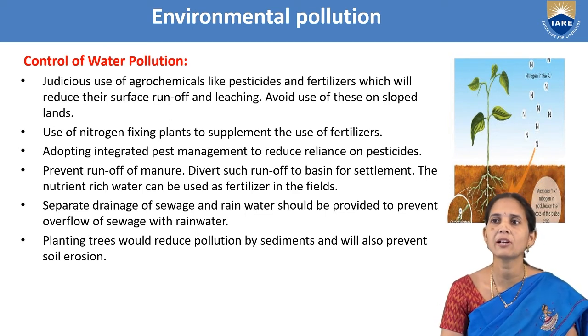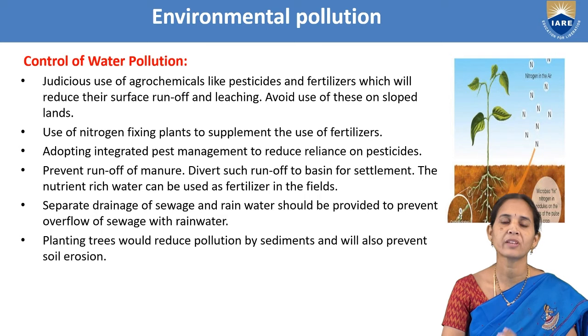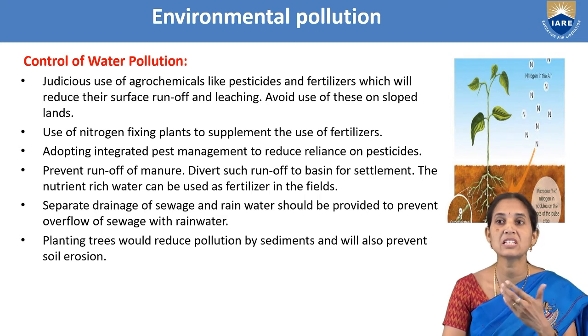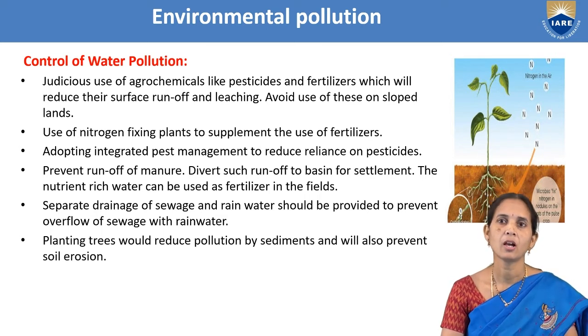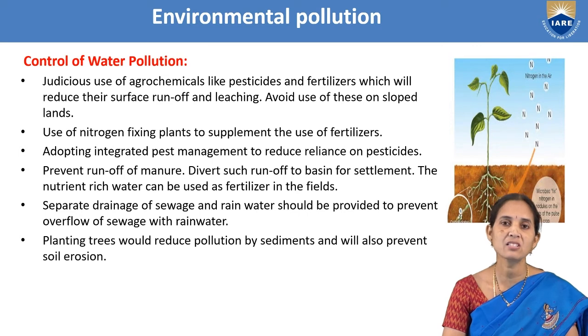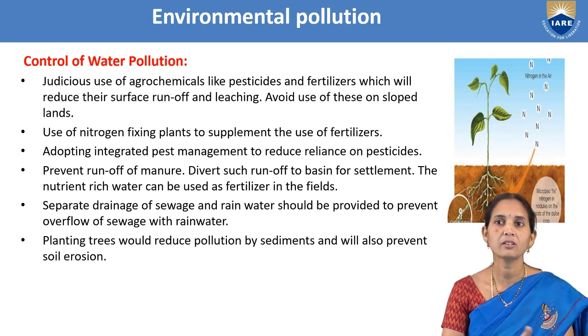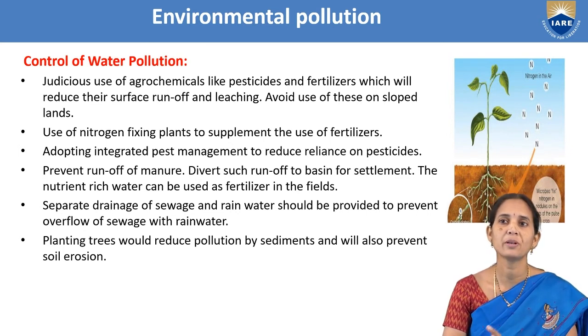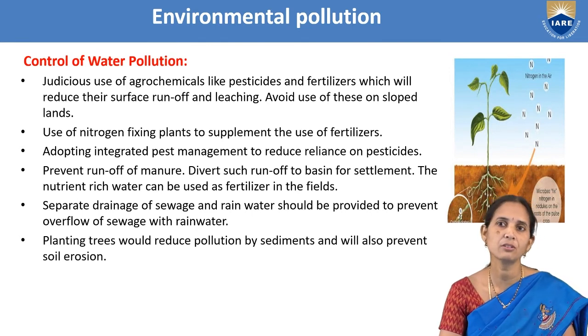And adopting integrated pest management, here we can reduce the pesticides. And to prevent manure runoff, divert such runoff to a basin for settlement, so the nutrient rich water can be used as a fertilizer in the field.